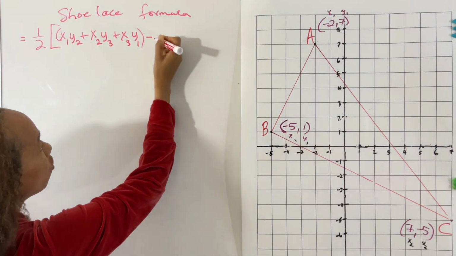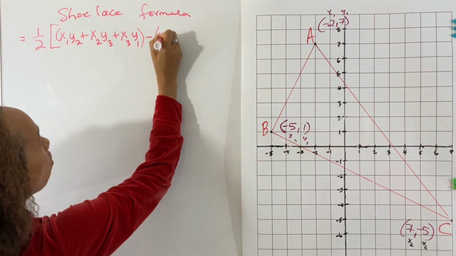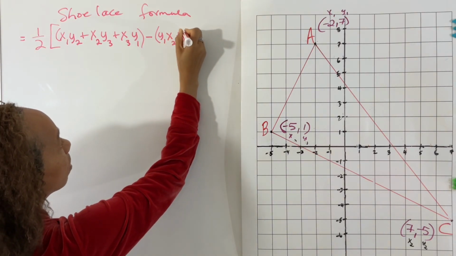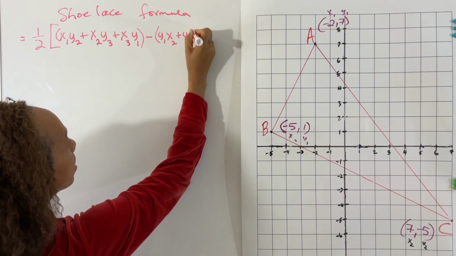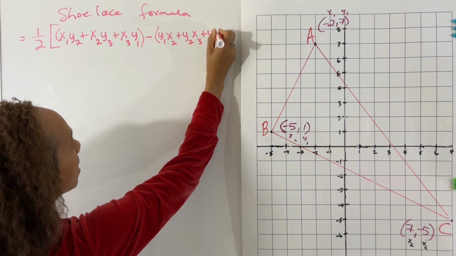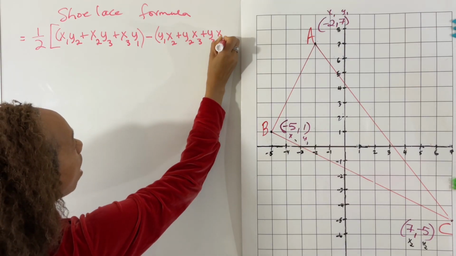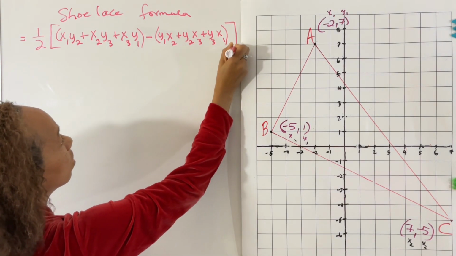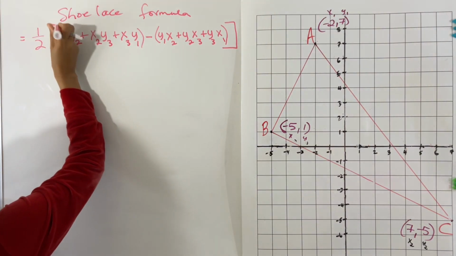And we're going to subtract the y1 coordinate and the x2 coordinate, plus y2 coordinate and x3 coordinate, plus y3 coordinate and the x1 coordinate. And this is what the formula is.